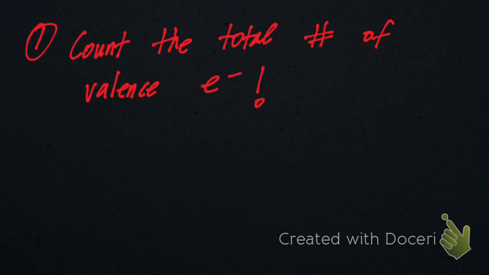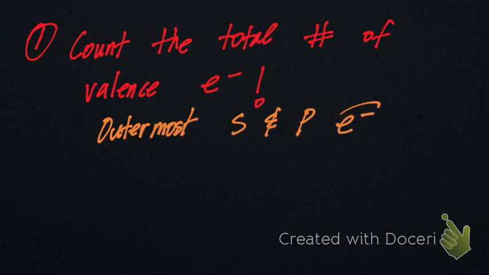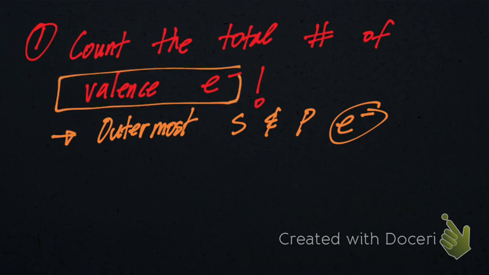So the valence electrons, they're the outermost s and p electrons. That's known as the valence electrons, okay? So the valence electrons are the outermost s and p electrons.